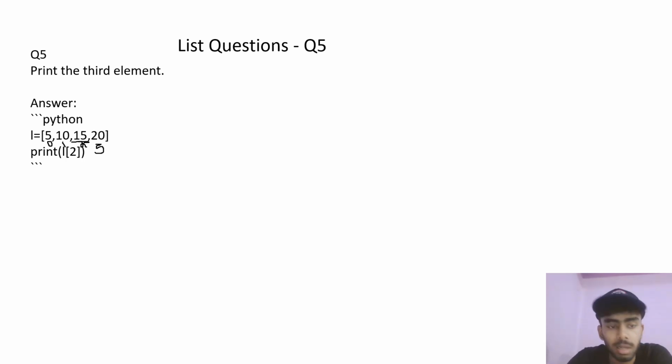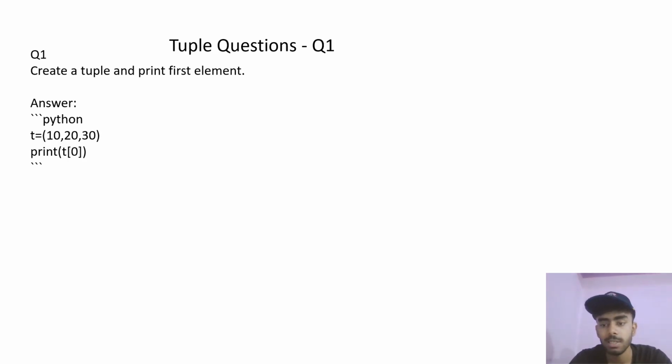If you want to print the fourth, then you have to write index number 3, because index number always starts from 0. You must remember this part, that index number starts from 0, or you can also say from -1, here from -1, -2, -3, -4, like this. Okay, now come to the next part.